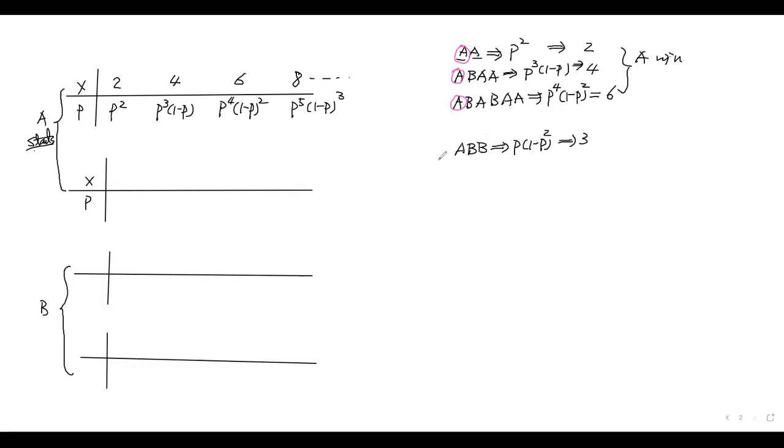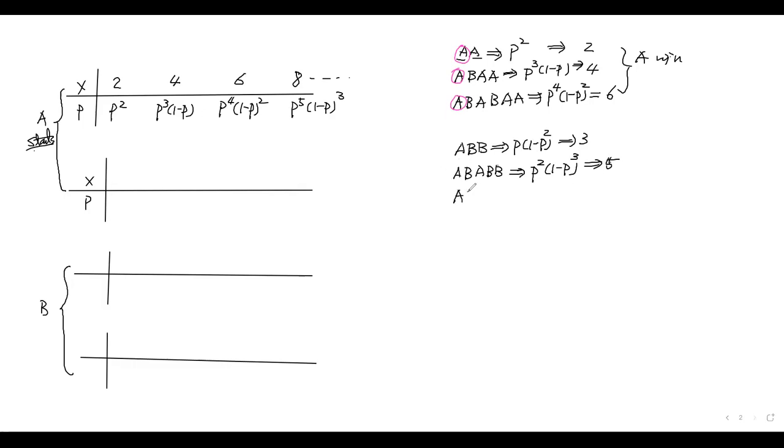Now let's take a look at one more. You say A, B, then A, B, B. So B wins again. What is the probability? P squared, 1 minus P to the cube. How many games here? 5 games, right? Let's see one more.